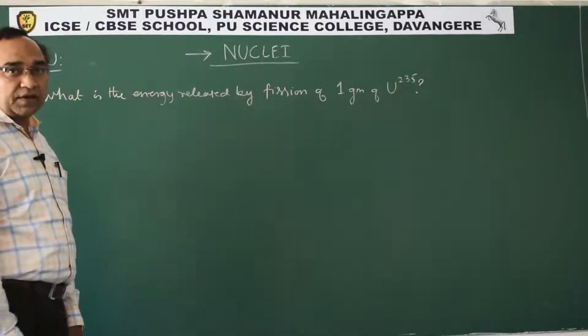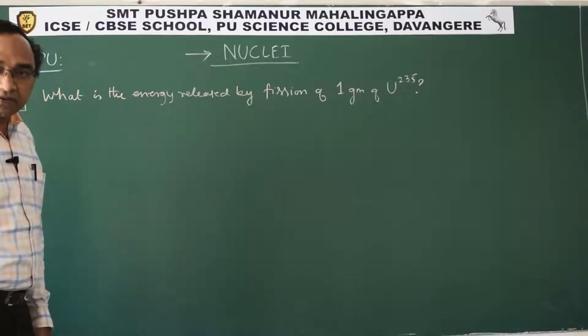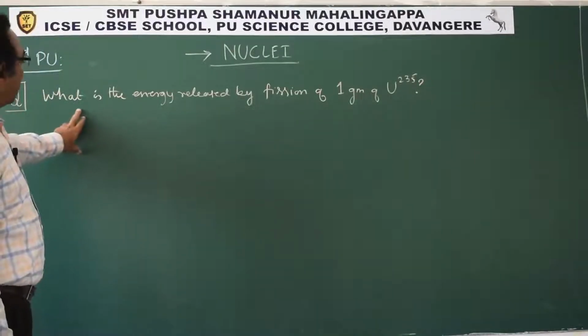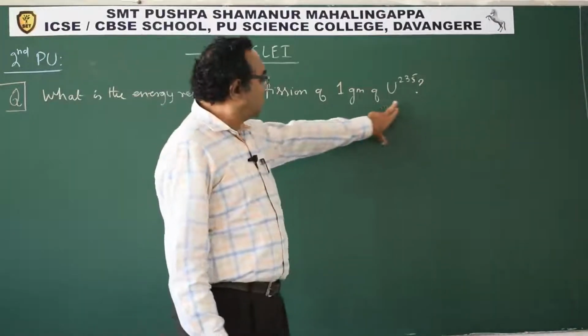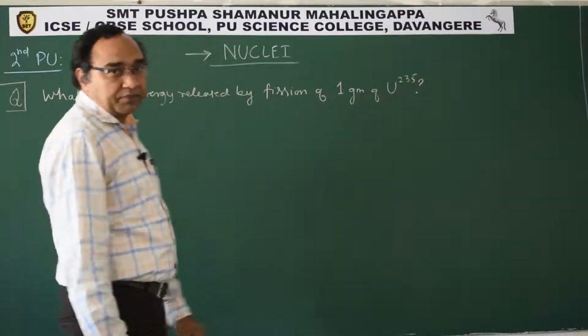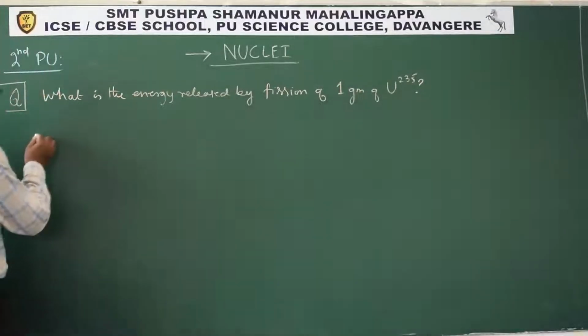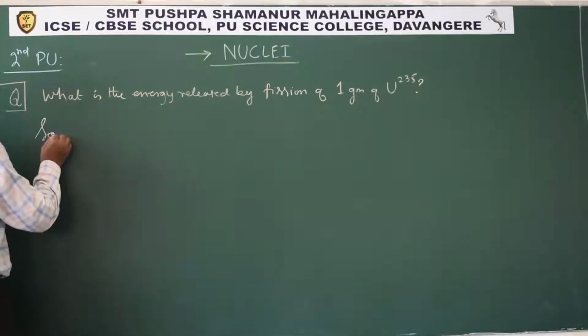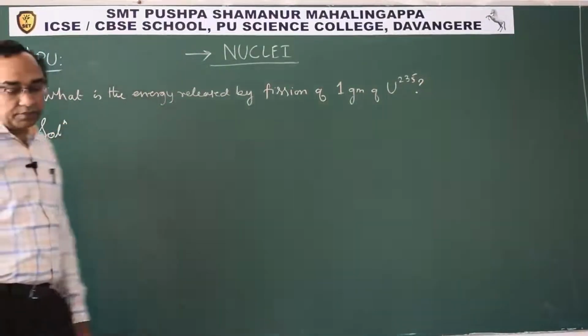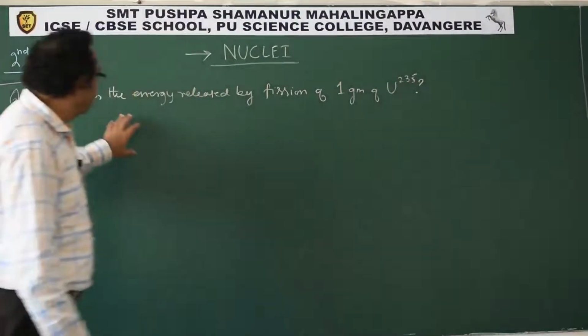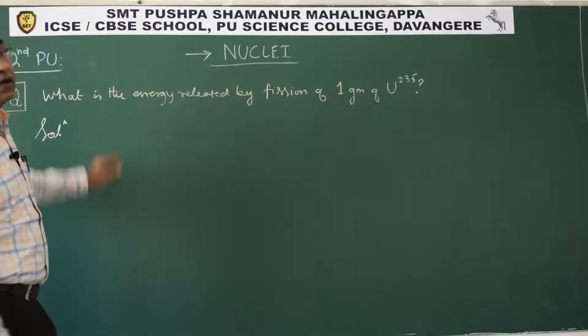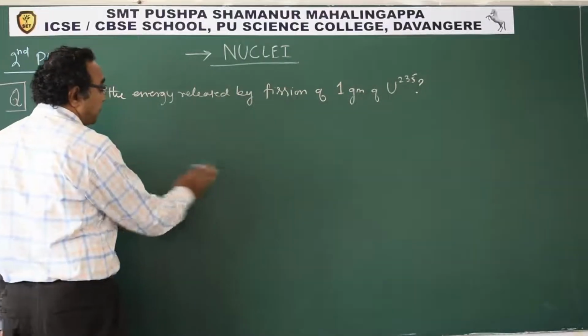The first question that I would like to discuss reads like this: what is the energy released by fission of 1 gram of U-235?